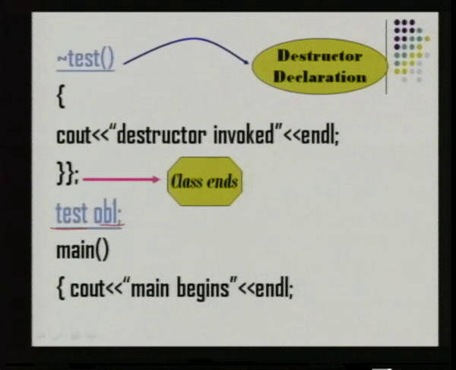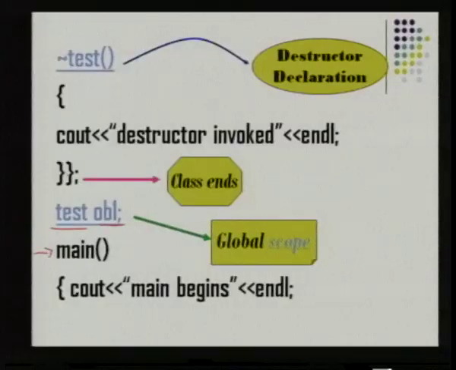After iostream.h, the compiler will come to this main function. It will search whether there is any data between the class ending and the beginning of the main function. So, when it sees this test OB1, it will identify that it is outside the class, because the class has already ended here, and main is starting only over here.